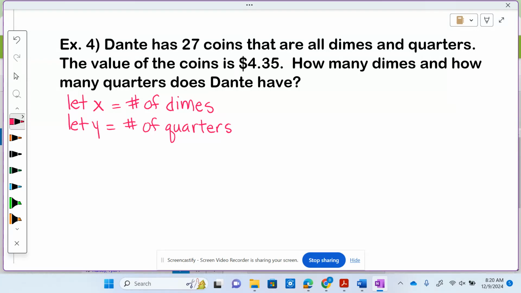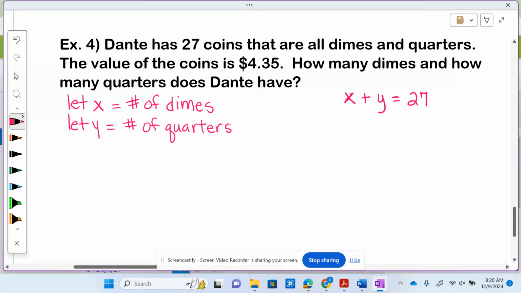So how can you show that the number of dimes and the number of quarters is 27? Isaac, help out. X plus y equals 435. X is the number of dimes, not how much a dime is worth. It's just the number of dimes. Yes, there's a pattern. All of our equations have been set up like this. X plus y equals 27.